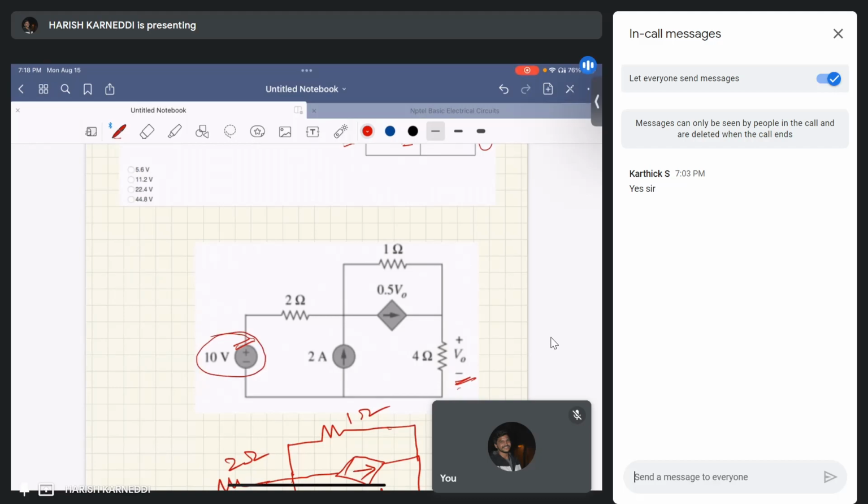Okay, now we have to find out the voltage across this 4 ohm resistor when the 2 ampere source is acting alone.